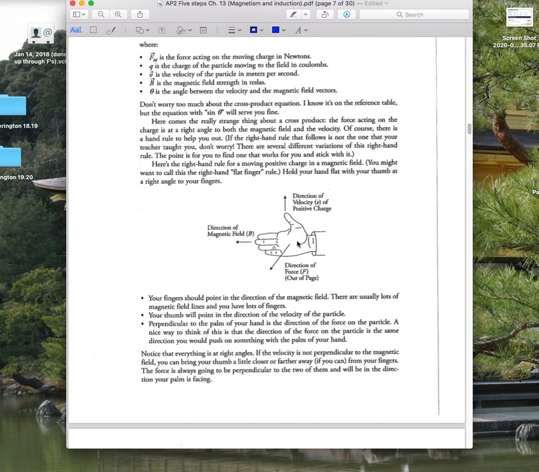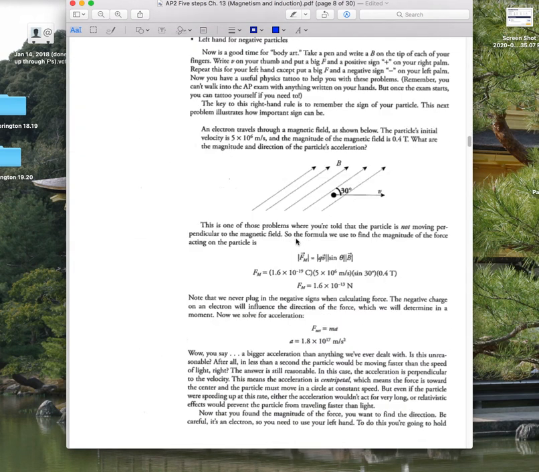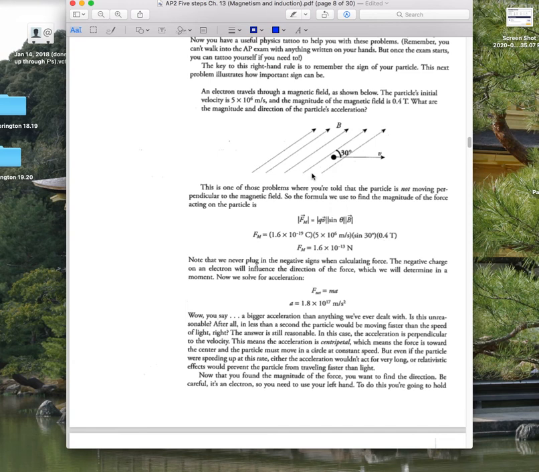If you have a negative charge going through a magnetic field, everything's the same except you use your left hand. If you have something like this at an angle, what you would do is take the component of the magnetic field that's perpendicular to this. So for example, it says it's an electron, so it's a negative charge, so I use my left hand. I point my thumb to the right, and my fingers, which represent the field, are going up and to the right.